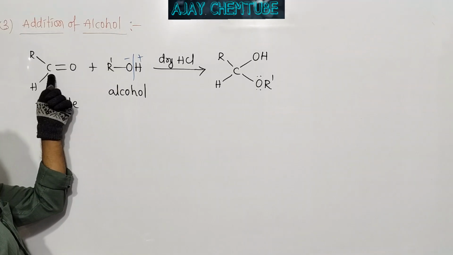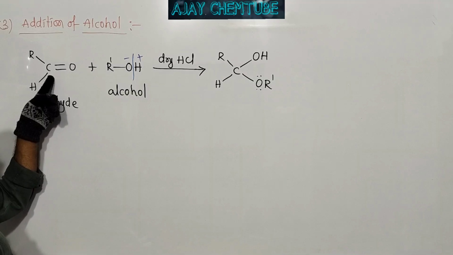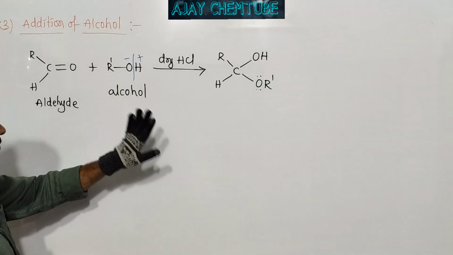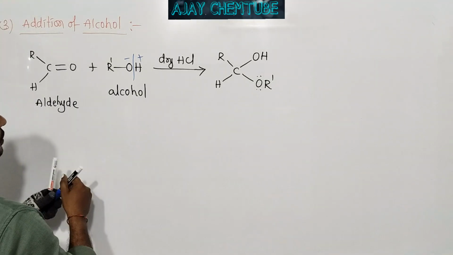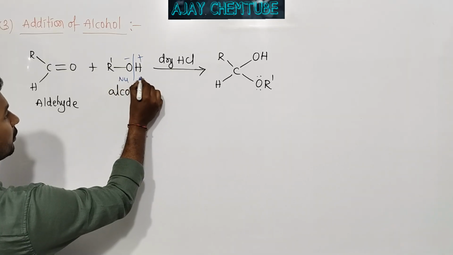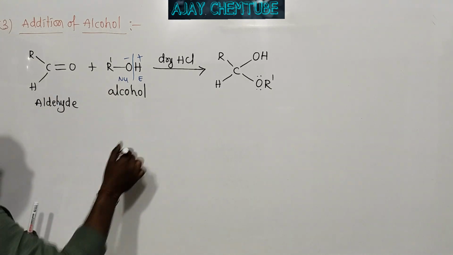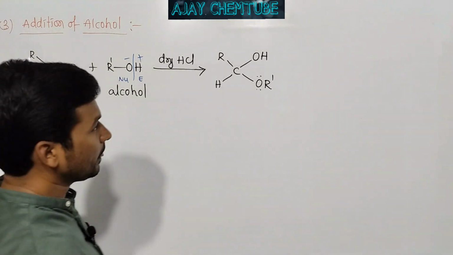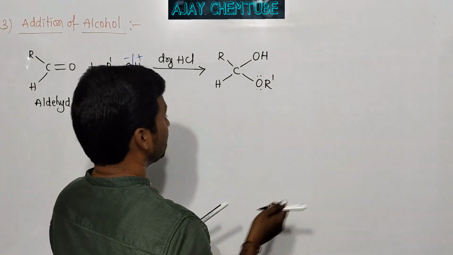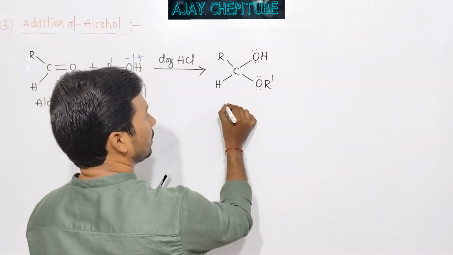The rate determination step is step 1, the slow step. So the OR is added here in the first step, the rate determination step, and OR is the nucleophile and this is the electrophile. So the nucleophile is added in step 1, that's why it is a nucleophilic addition reaction. So on the same carbon, OH and OR groups are present, that's why this is unstable.